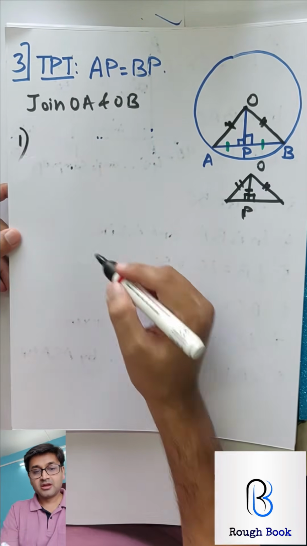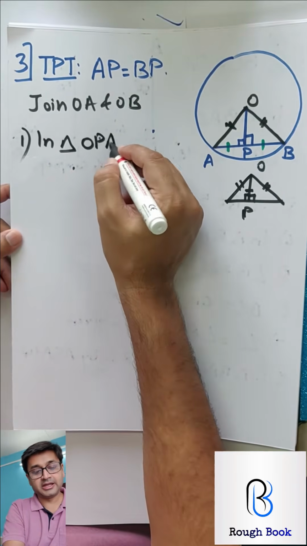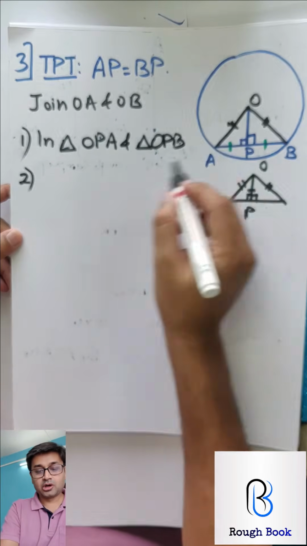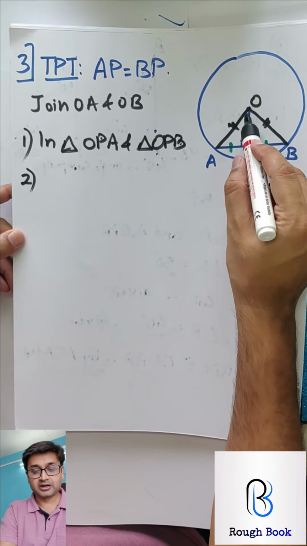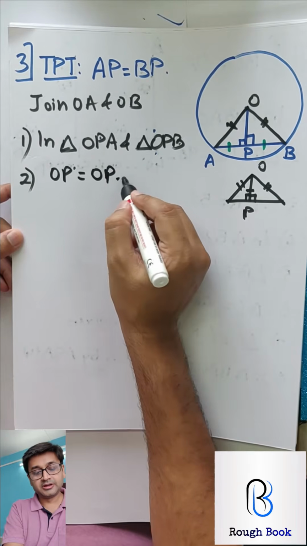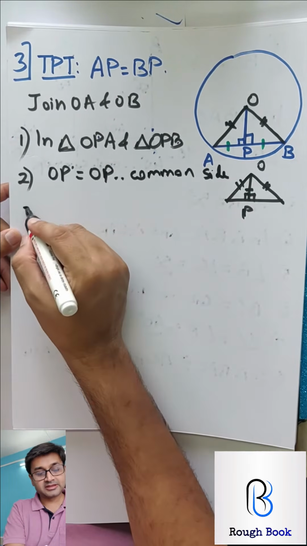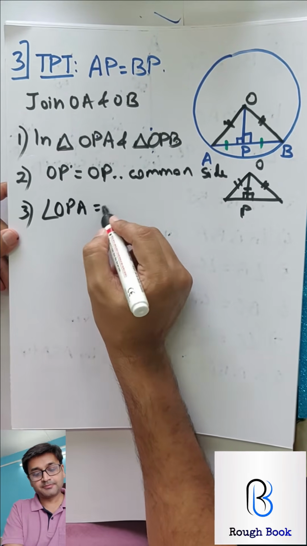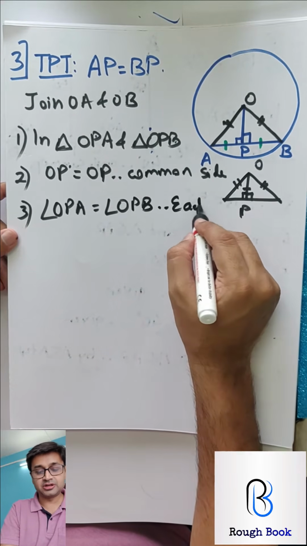So let's write the 5 golden steps. First, name of the triangle. In triangle OPA and triangle OPB, you got the names of the two triangles. Now first part, I am saying OP equals OP, reason: common side. Next, angle. So I will say angle OPA equals angle OPB. Why are the two angles equal? Because each is 90 degrees.